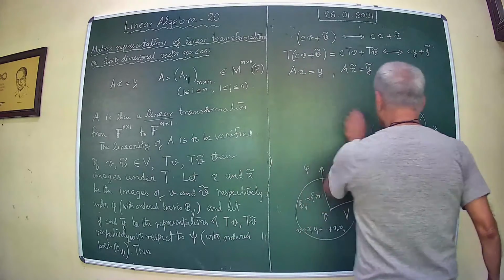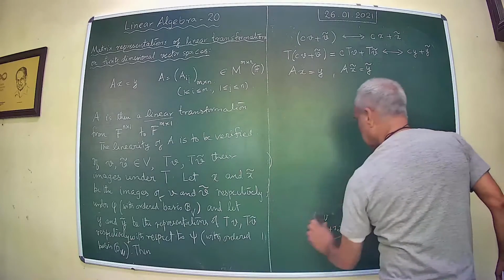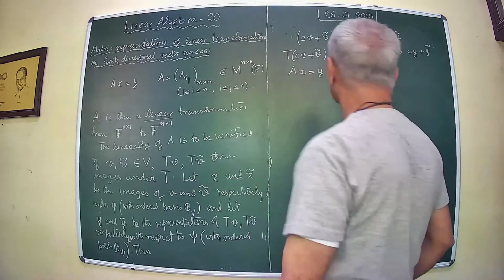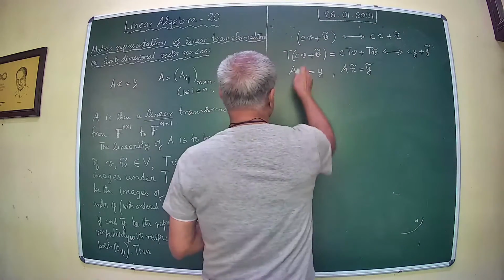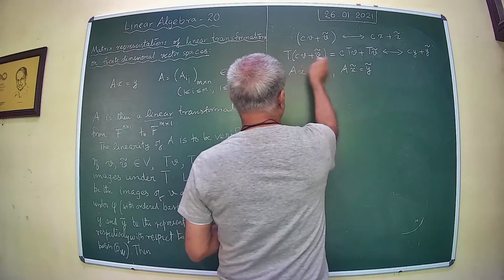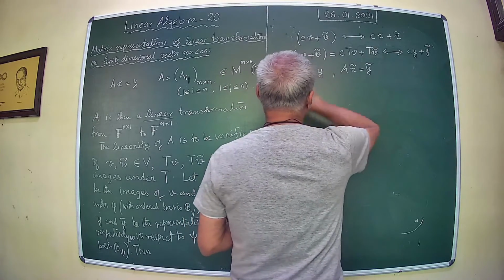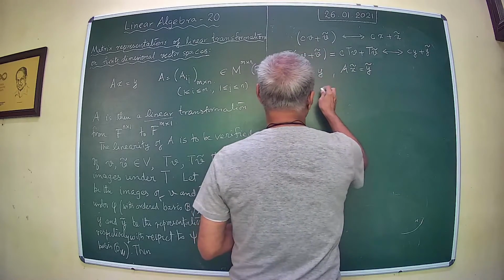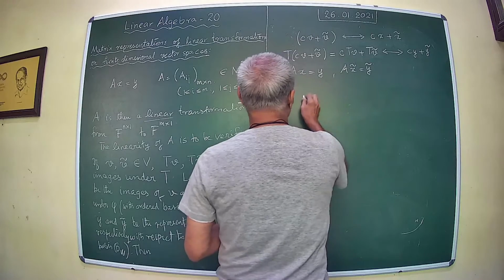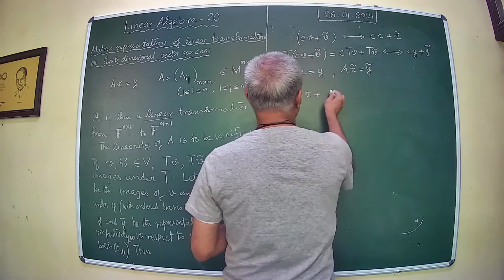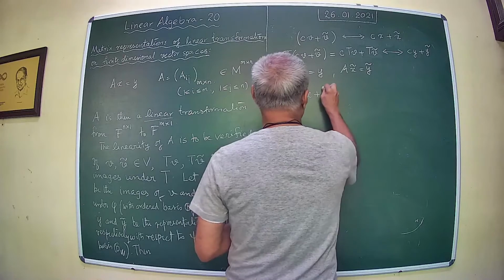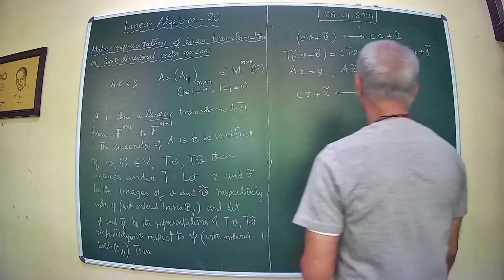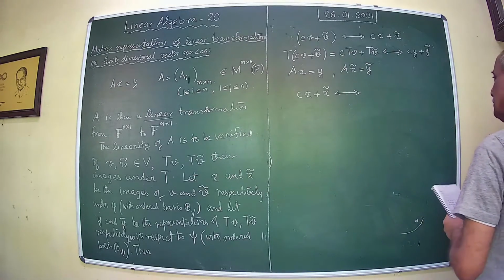Therefore, you have, see, T of c v plus v tilde is represented by what? So you have c x plus x tilde is mapped to what?